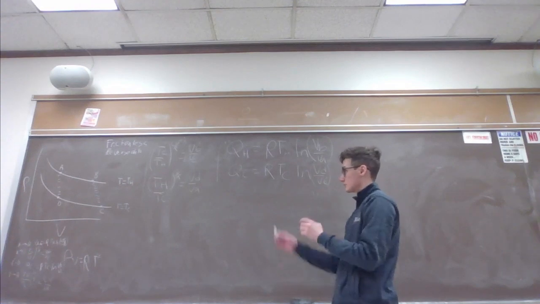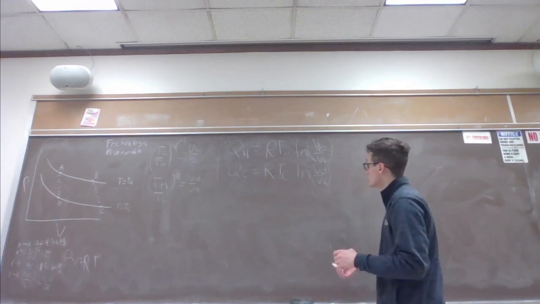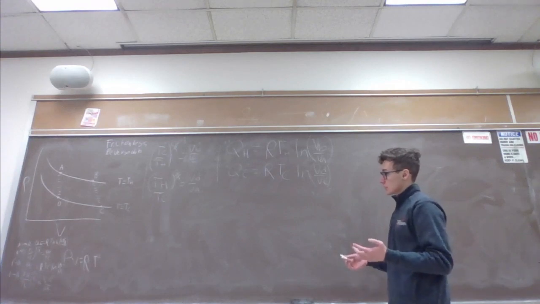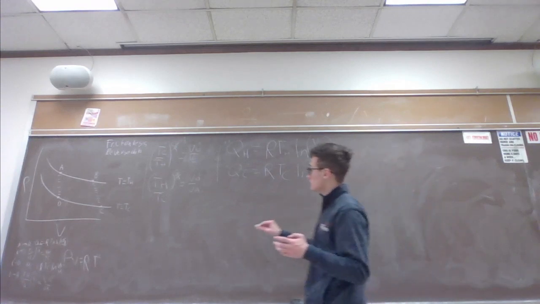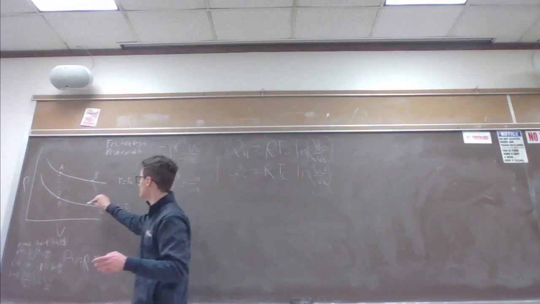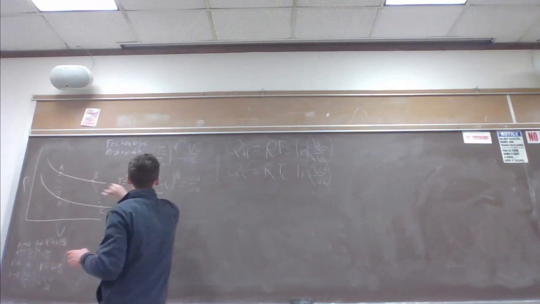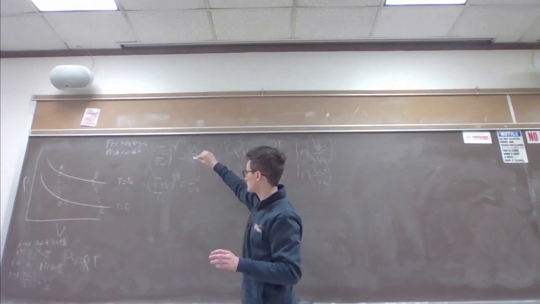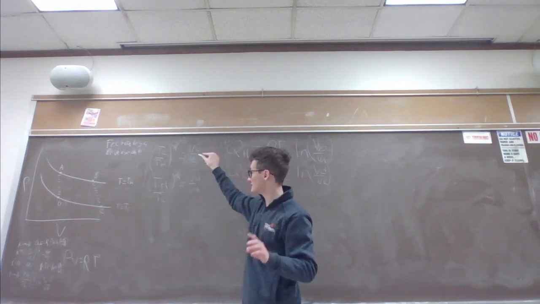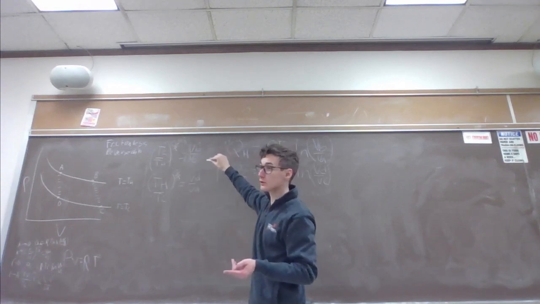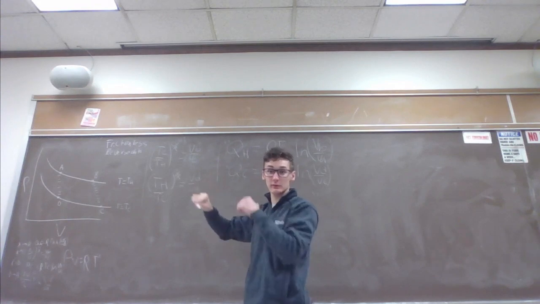So now that we've derived each step of the Carnot cycle, we can start looking at the different interactions between the two. First off, we're going to look at the interactions between the two equations that got us from B to C and from D to A. And if you notice, this is TC over TH to the power of Cv over R equals VB over VC. But what happens if we flip that?